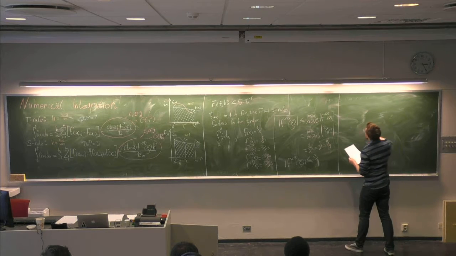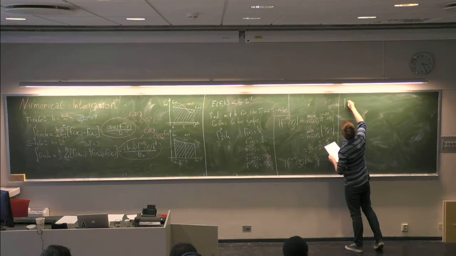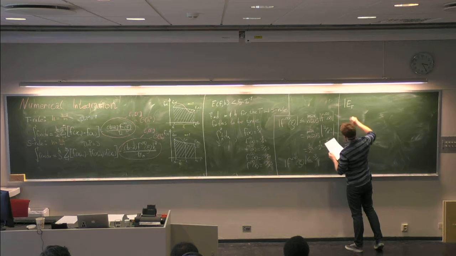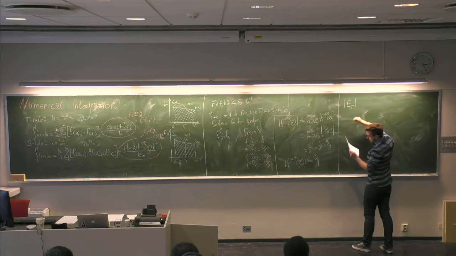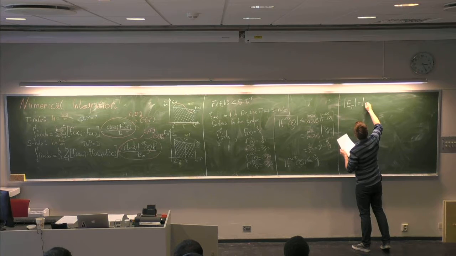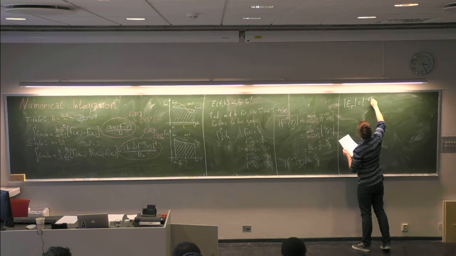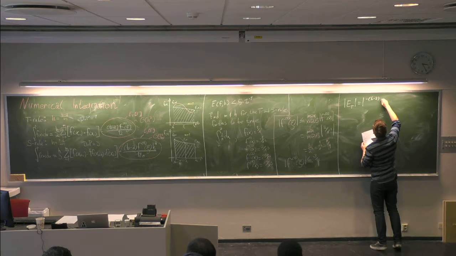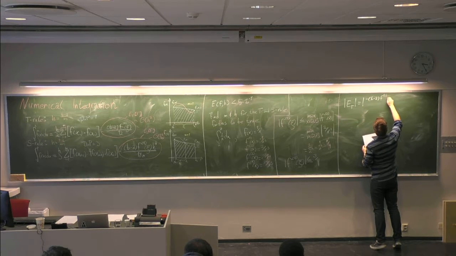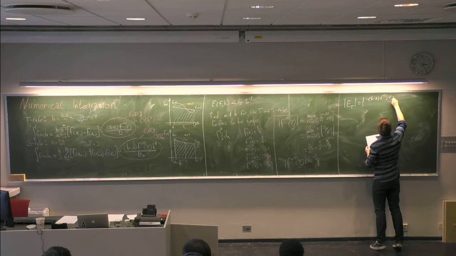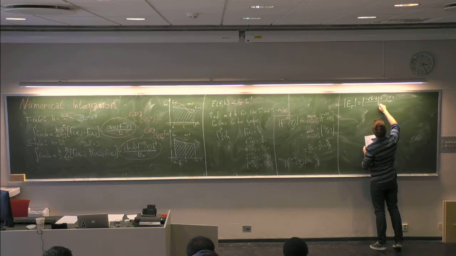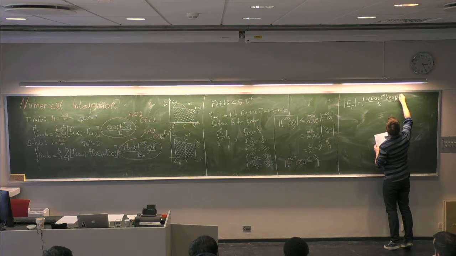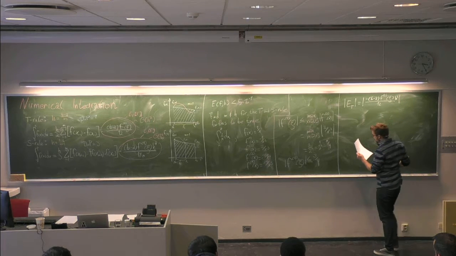Looking at this, we see that E_T, the trapezoidal error, will be minus (b minus a) times f to the power of 2 of xi over 12, times h squared, like so.